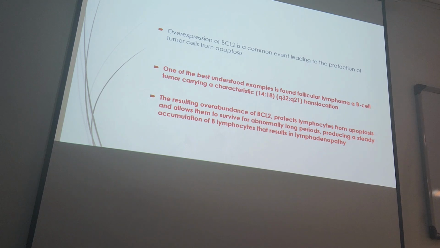Overexpression of BCL2 is a common event leading to the protection of tumor cells from apoptosis. So, in this type of tumor, we have tumoral involvement because they can escape from apoptosis.